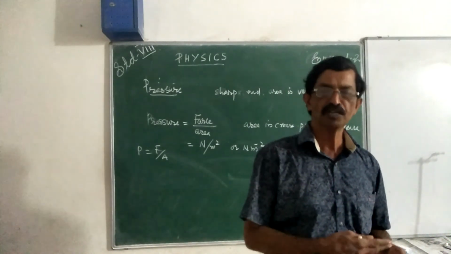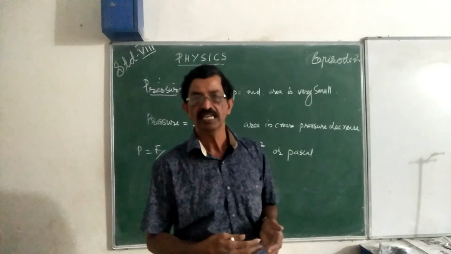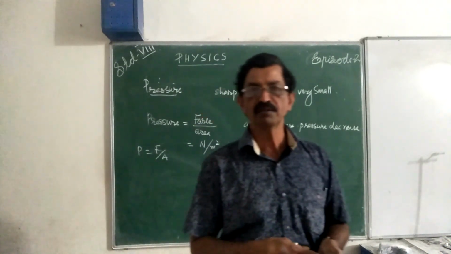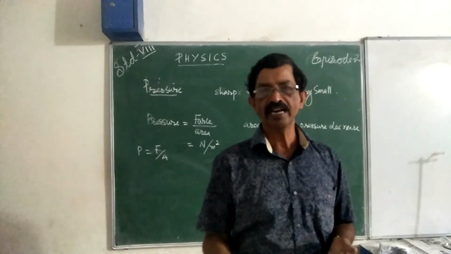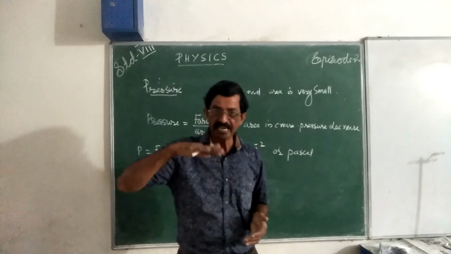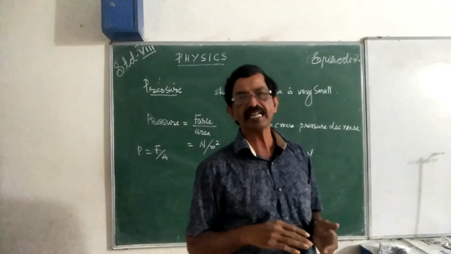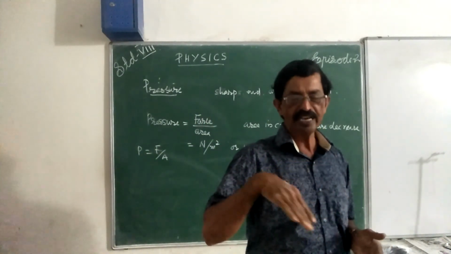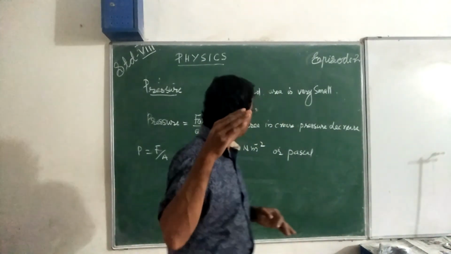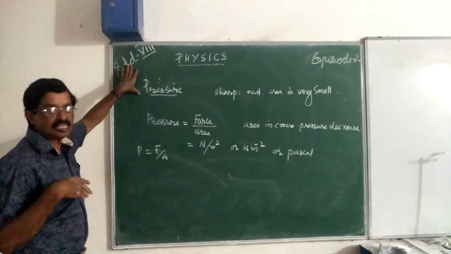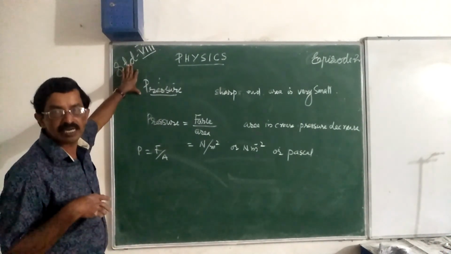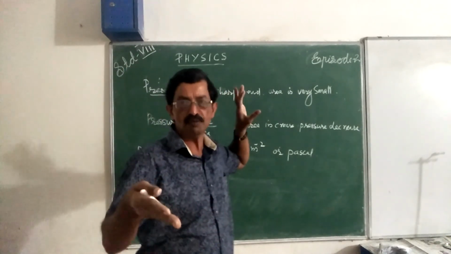In this way you can find more examples, because heavy trucks carrying more loads have more wheels. Why? Because if there are more wheels, the area can be increased, the pressure can decrease, so the wearing out of the tire we can reduce. So from our discussion we came across two different types of force.